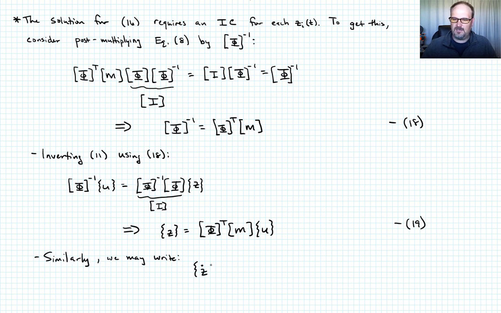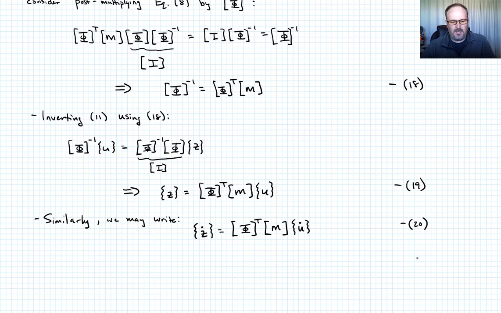Z dot is equal to phi transpose times m times u dot. Let's call that equation 20. Okay, so what can we say now? So basically, given initial conditions on u and u dot, we can find the corresponding initial conditions for z and z dot from equations 19 and 20.